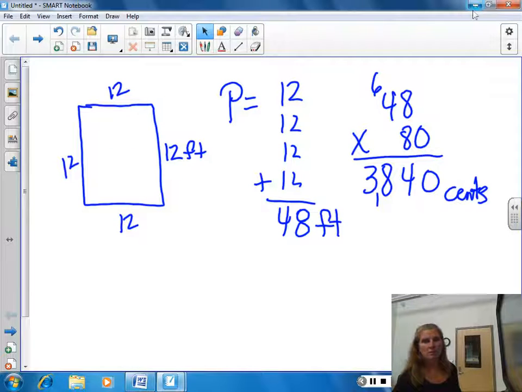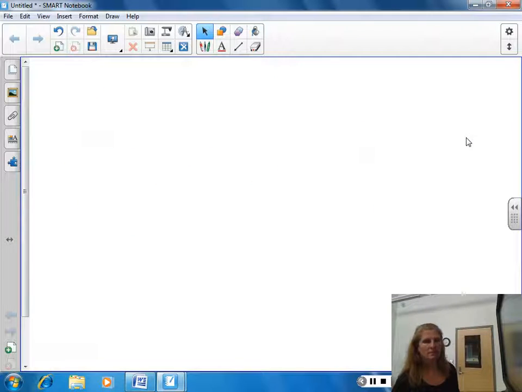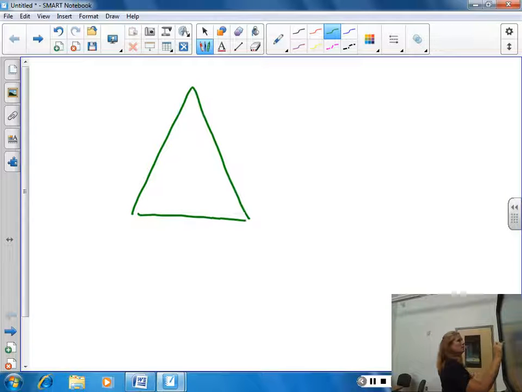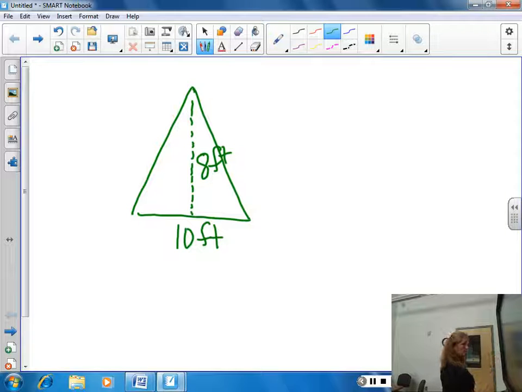So let's see what that would look like. You should try these problems before you watch it. It's 8 feet high and it's 10 feet on the base.